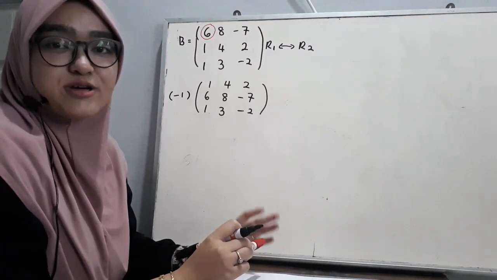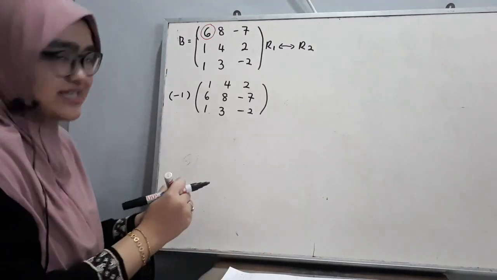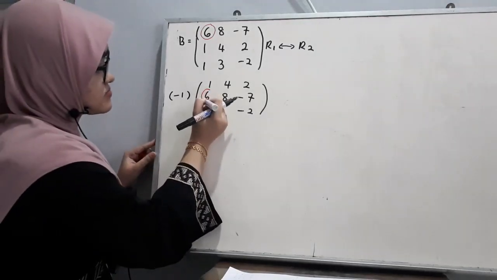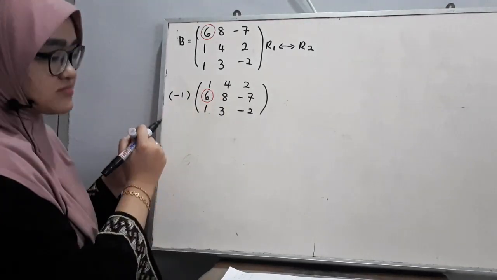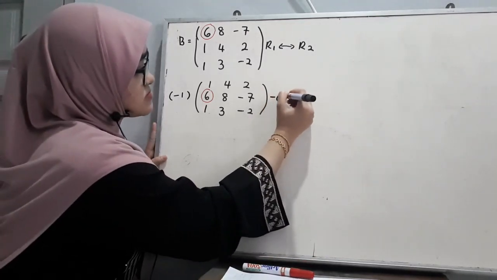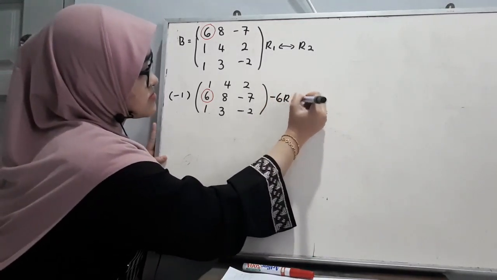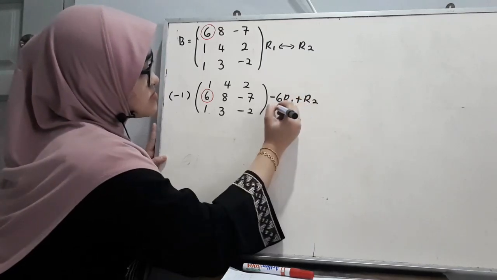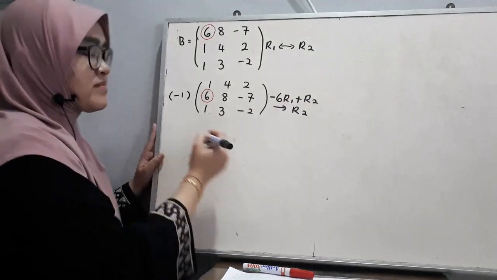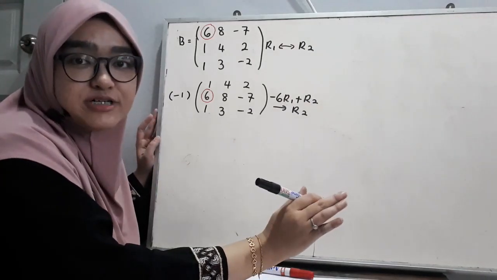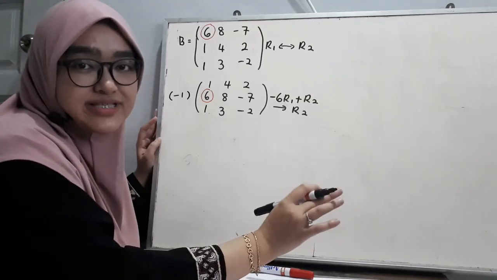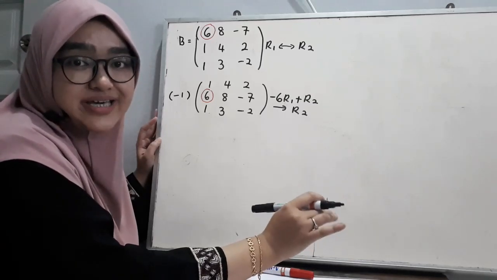Next target, we want to change 6 to become 0. And remember, when we do any addition operation, we must multiply the matrix by 1.